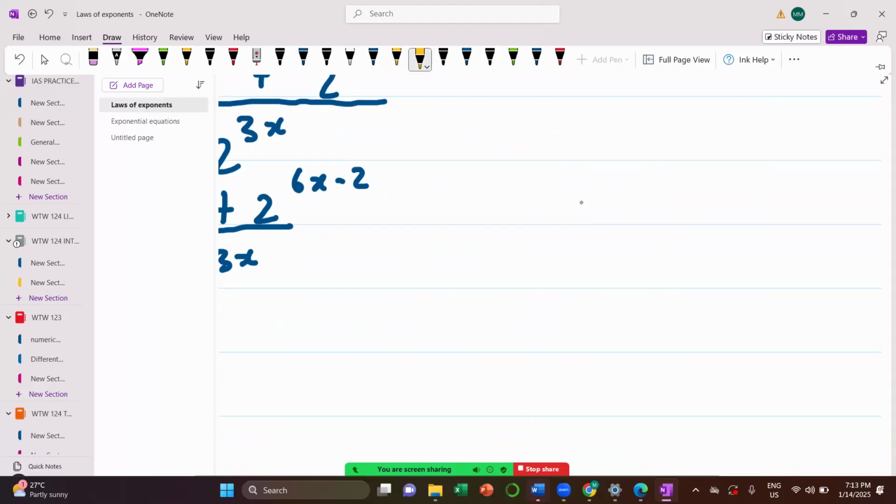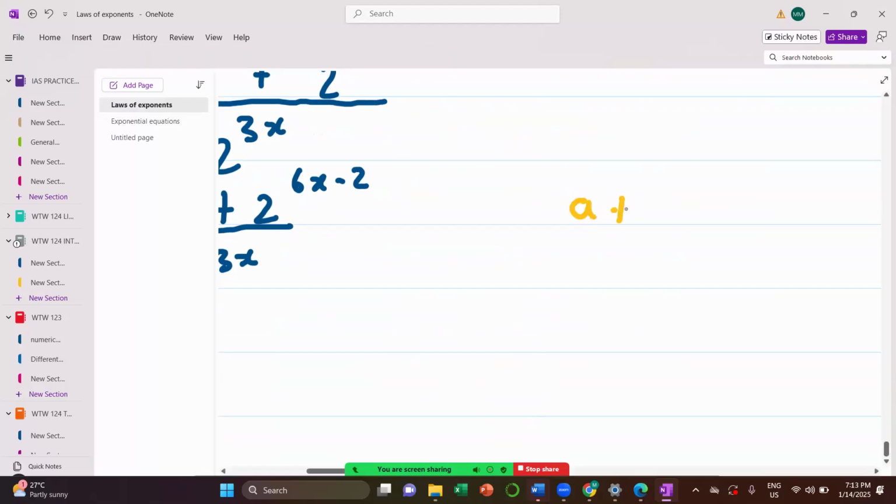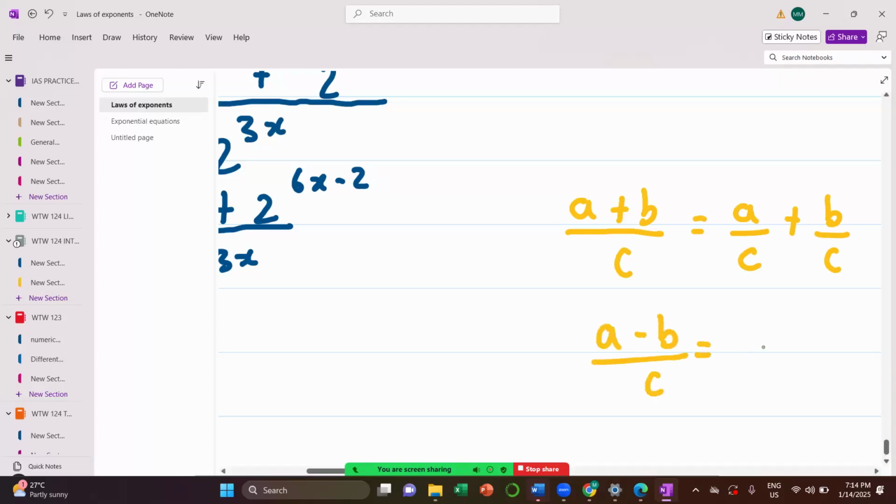Remember that whenever I have something like this, A plus B all over C, it can just be expressed as A over C plus B over C. Whenever I have a plus or a minus sign. So even when I have A minus B all over C, I can just say it's A over C minus B over C. Right?